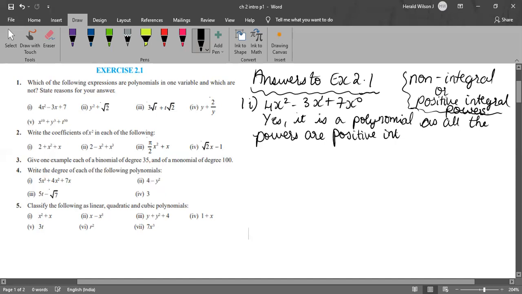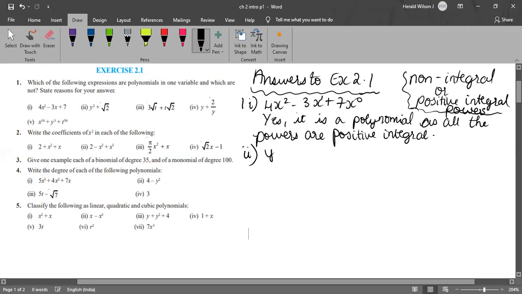You can also frame your own answer, but it must be apt. Okay, it must be correct. For this you can frame your own answer, not necessarily you need to copy mine. Fine, this is the first question. You understood, right, what we are doing? So now let us move on to the second question.